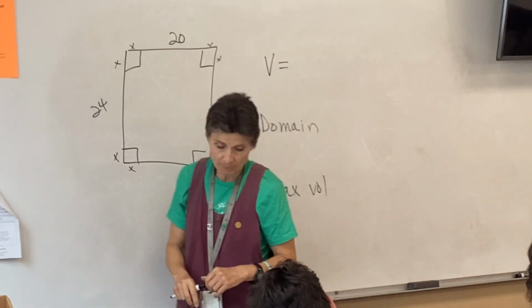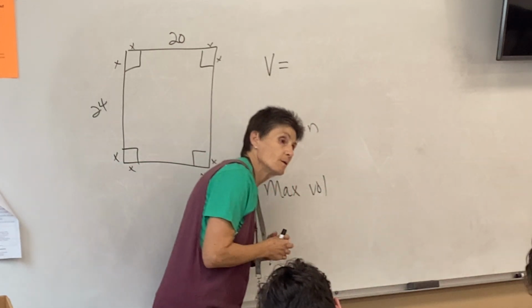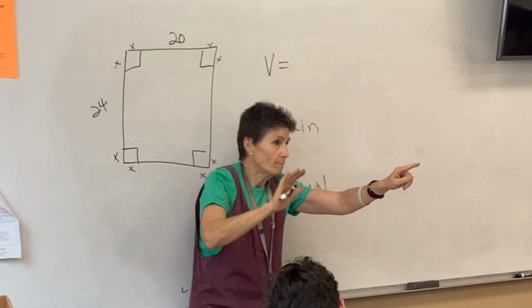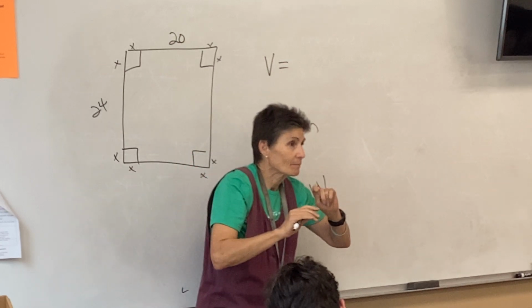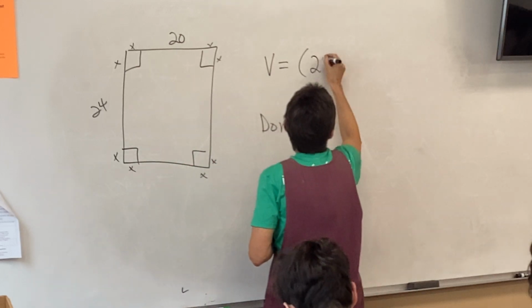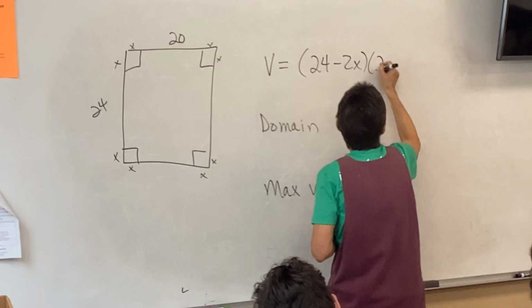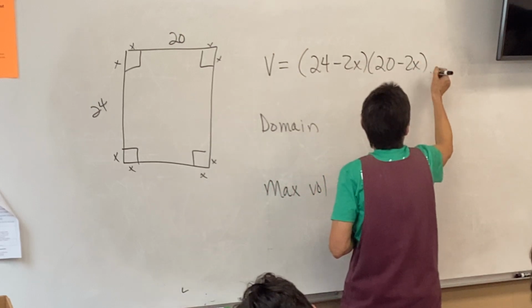Okay, who remembers anything from yesterday? You have to cut the x's out. Megan? I have the equation. Okay, so V is equal to 24 minus 2x in parentheses, and 20 minus 2x in parentheses, and then x.